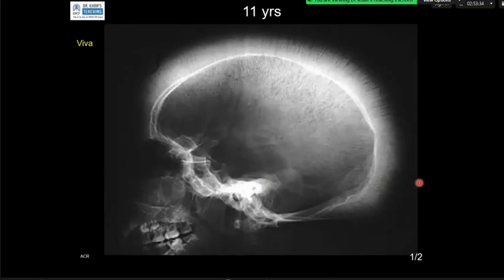This is also related to thalassemia, or one of the chronic hemolytic anemias.